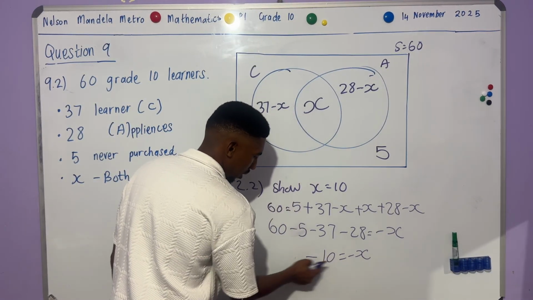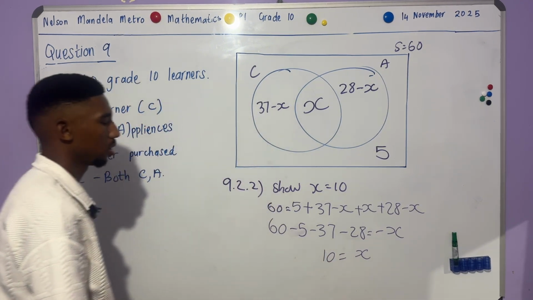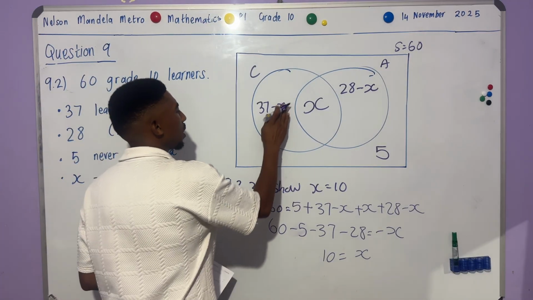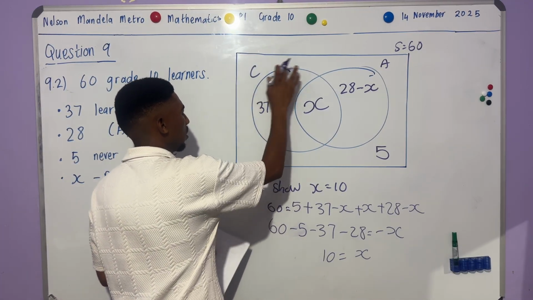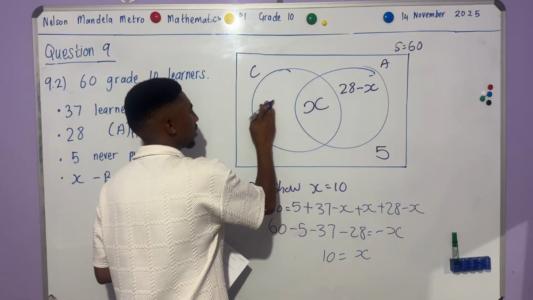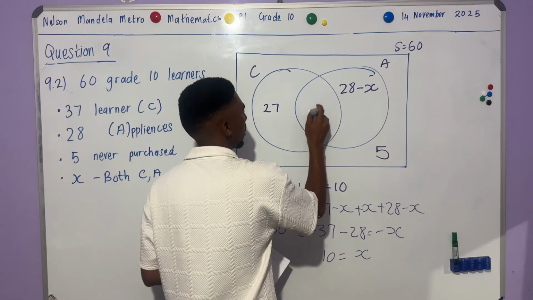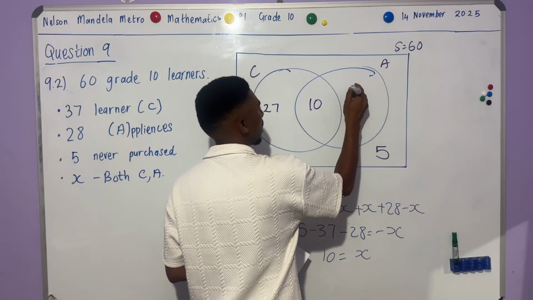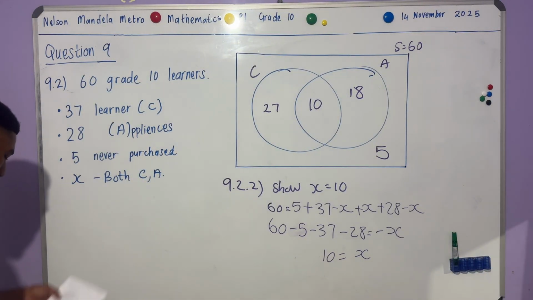I divide both sides by minus to solve, and x is equal to 10. So we can update our Venn diagram. 37 minus 10 would be 27. We know that this over here is now 10. 28 minus 10 now is 18. So we have beautiful numbers inside there now without any variables.